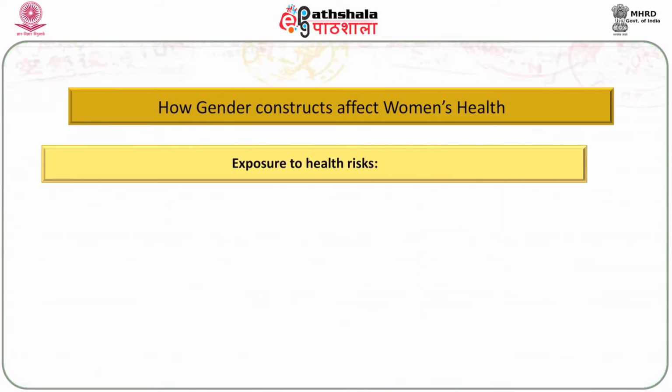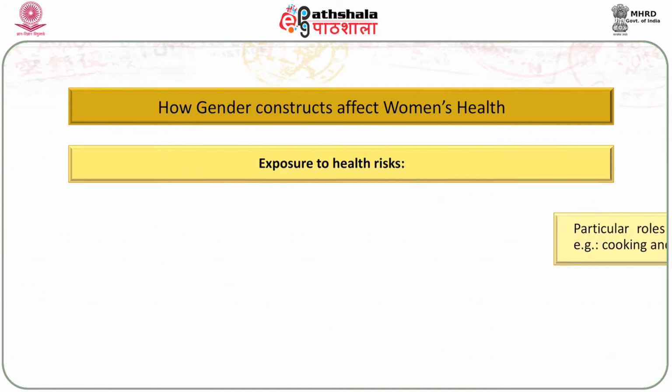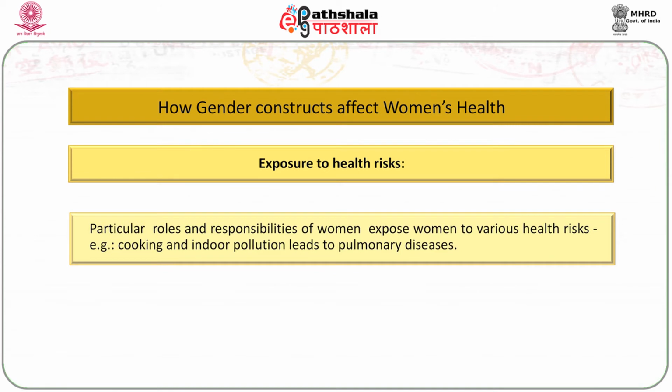Now, let us see how gender constructs affect women's health. To give you very simple examples, the exposure to health risks. Certain particular kinds of roles and responsibilities that women have expose them to various health risks. For example, cooking, which in the vast majority of cases is done by women.